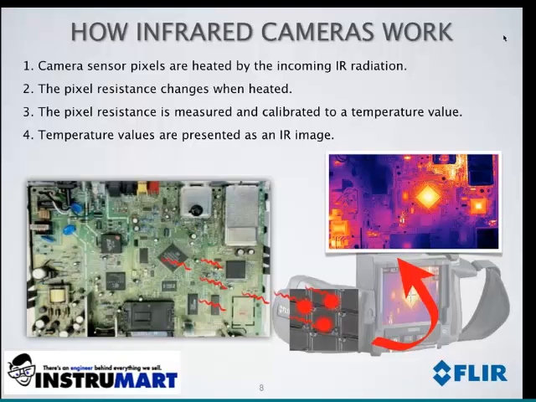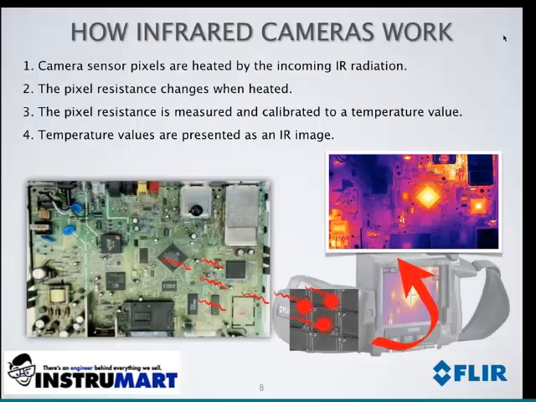It is an array of sensors or detector elements. In this particular example, I'm referencing the FLIR T420. And the T420 is an instrument that is available from Technitool as one of their benchtop test kits. The T420 has a 320 by 240 detector array, or over 76,000 pixel elements.